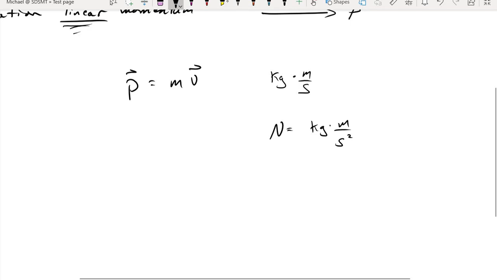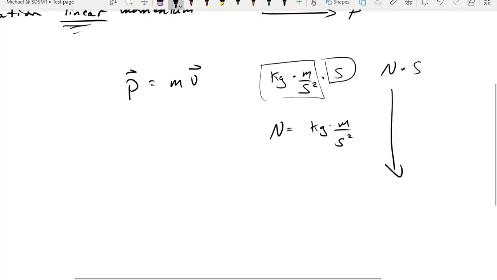So we're actually missing the second squared in the denominator, but we can make up for that just by multiplying and dividing by a second. And so now we have units that we call a Newton second.